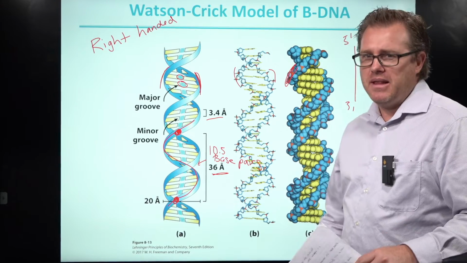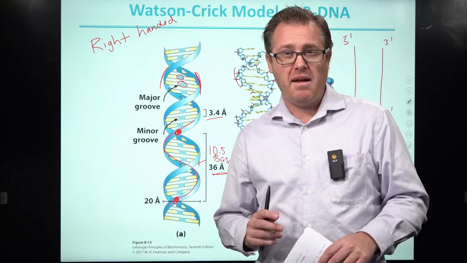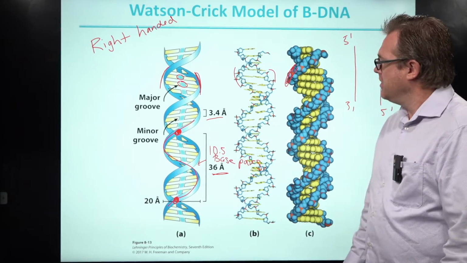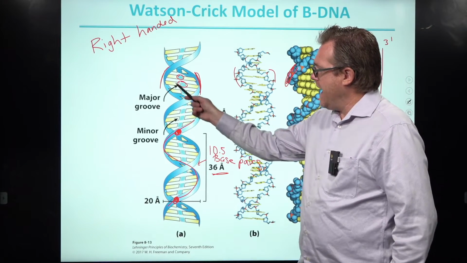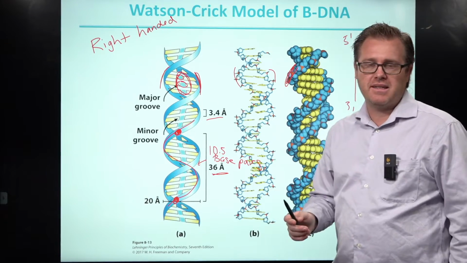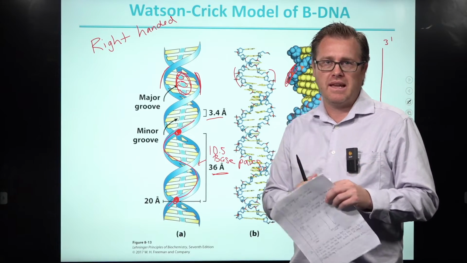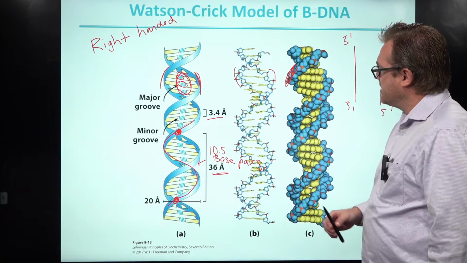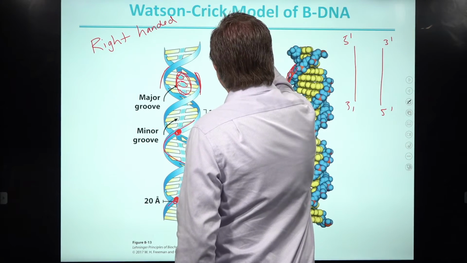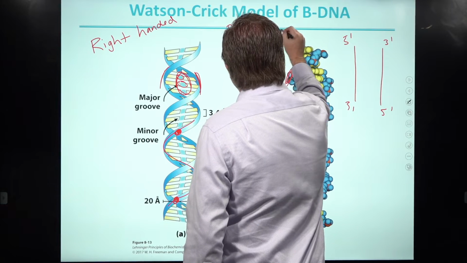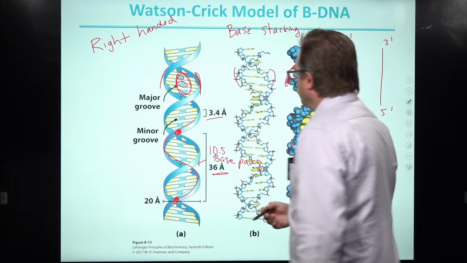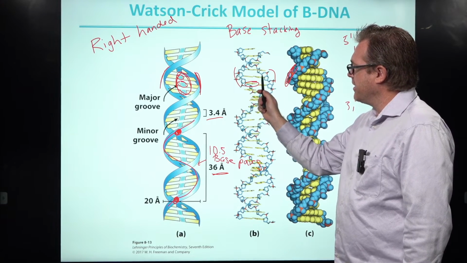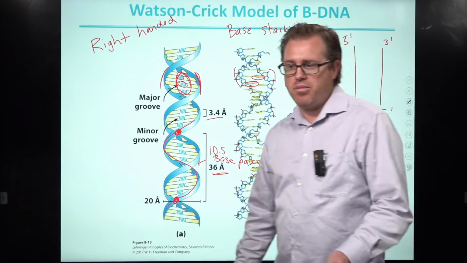And there's something that we're going to talk more in depth in class about, the stability of a DNA molecule. We've already talked about the hydrogen bonding network between the bases, and that's going to hold the DNA molecule together. But what else we have is called base stacking. When you take a look at this structure in the middle and look at the nitrogenous bases right here, they are pretty much planar.